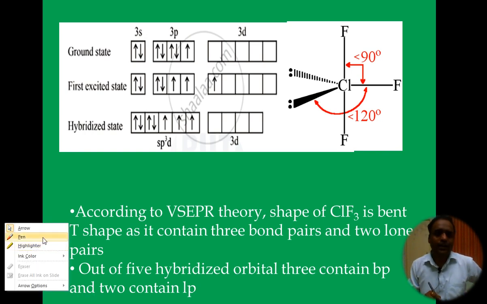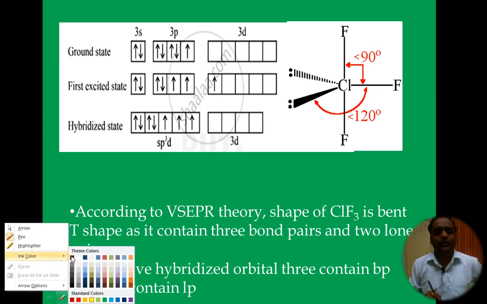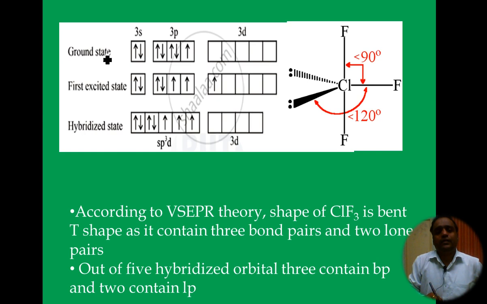Now in this slide we can see the ground state electronic configuration, that is 3s2 3p5.